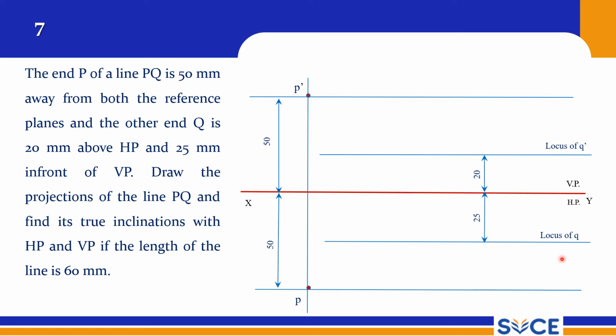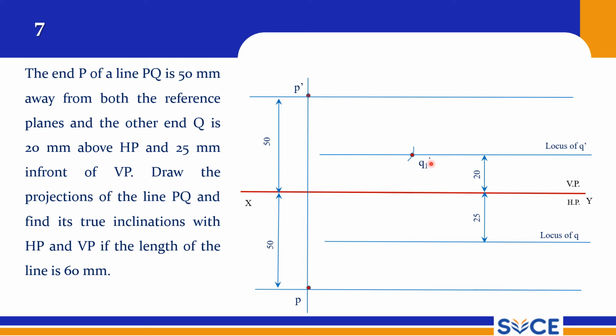So here, once we have these two, it is easy to get the other points. So here the true length is known, 60, from P dash. Just draw an arc on locus of Q dash, because we know 60. Now P dash has center on locus of Q dash. You draw the line and mark the point Q1 dash.